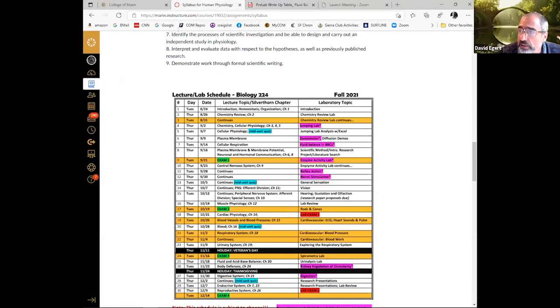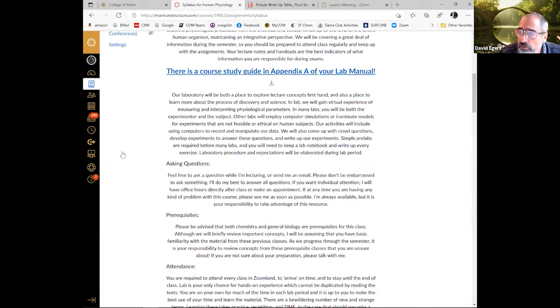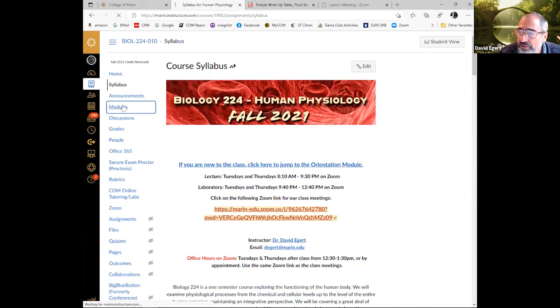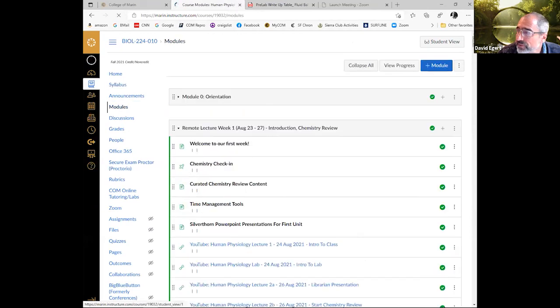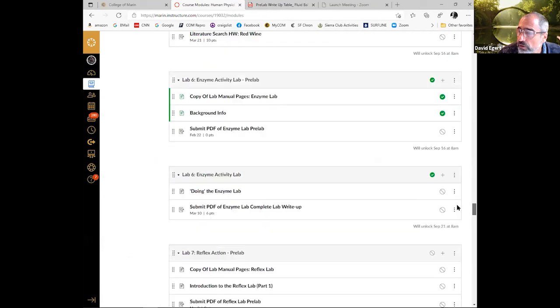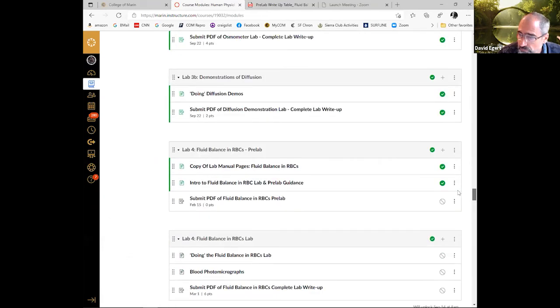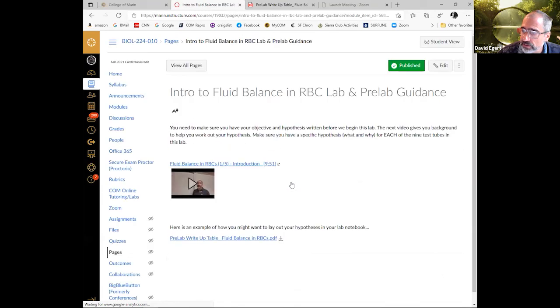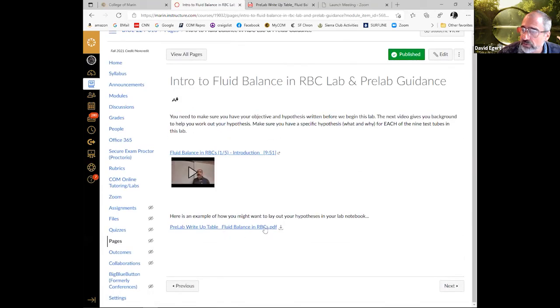If you are in your modules, and you go down to the module for lab 4, fluid balance and RBCs, pre-lab, and go to the intro to fluid balance and RBC lab and pre-lab guidance, and click on that page, it's right here at the bottom.